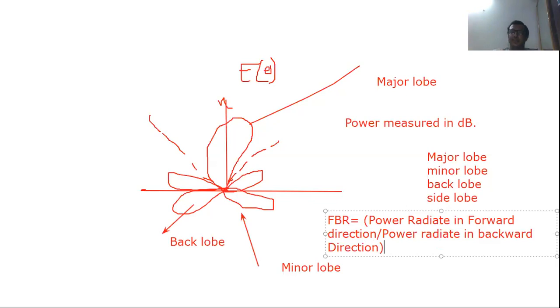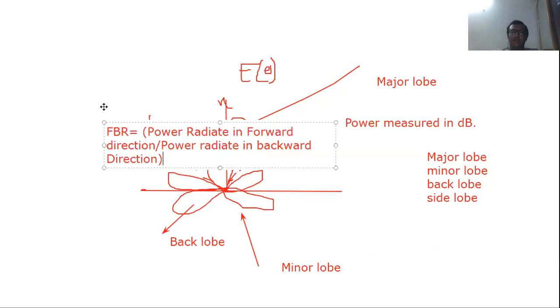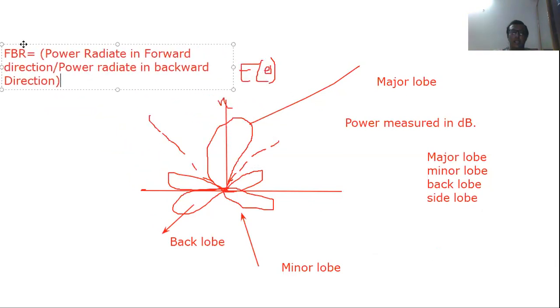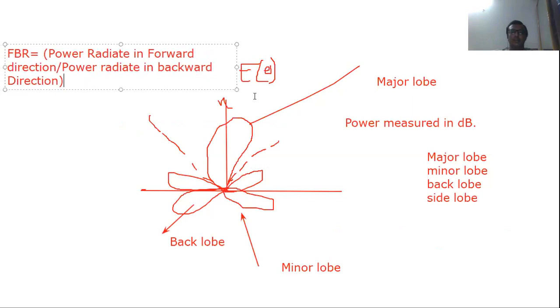So it is considered the front to back ratio, FBR. It can be one type of MCQ question also. Whatever MCQs are asked in many different ways, I have discussed in this video lecture, so please prepare this very carefully.